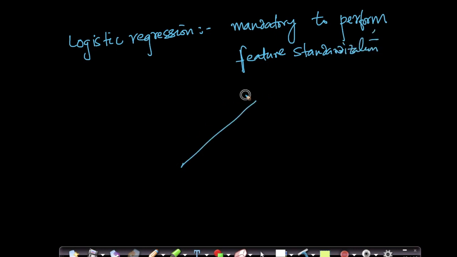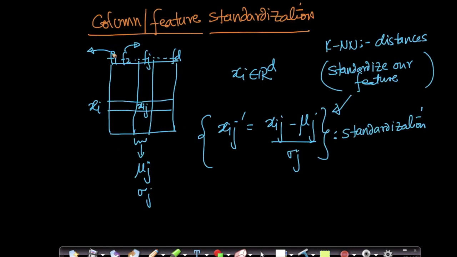Given a hyperplane pi with a normal w, we are computing distances from points to the hyperplane. So here also we are using distances, and we know that if multiple features are on different scales, the scale of the feature could impact your result, and hence we standardize our features. That's the whole reason for standardizing a feature.